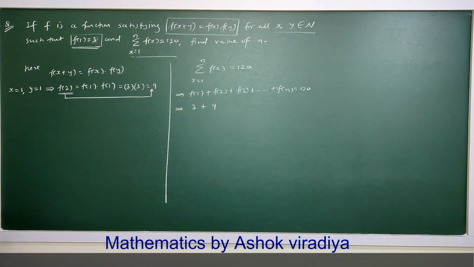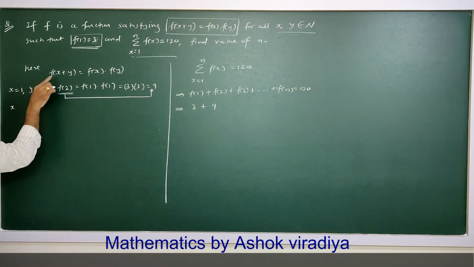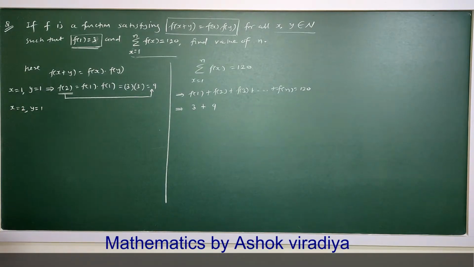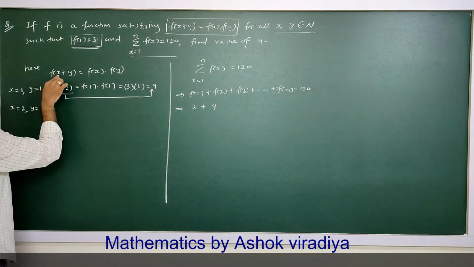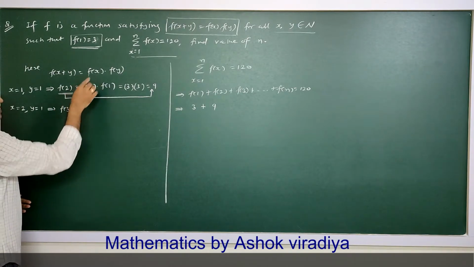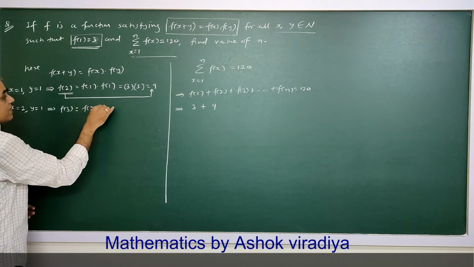Now next we want f of 3. So to obtain f of 3, now what we do, we put x equal to 2, y equal to 1, or take x1, y2. So that will be 2 plus 1, 3. X we have taken 2, y we have taken 1.